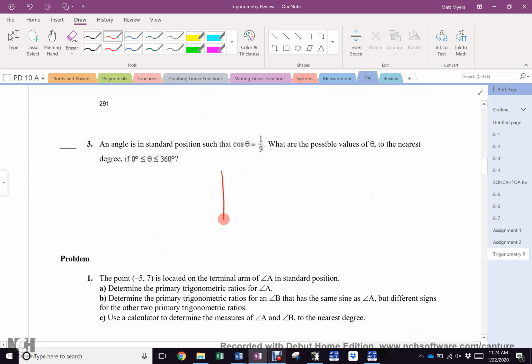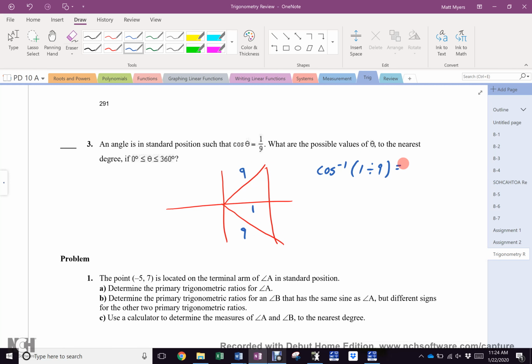Cos is 1/9. Cos is positive, so it has to be here or here. There's the 1. There's the 9. What are the possible values of theta? Shift cos of 1 divided by 9 equals 83 degrees.